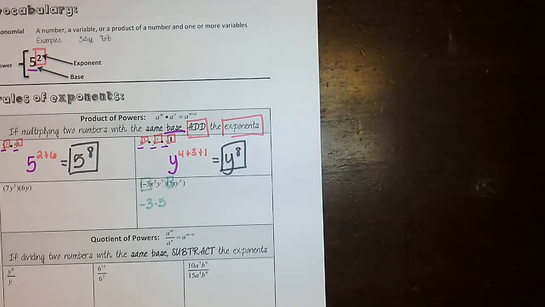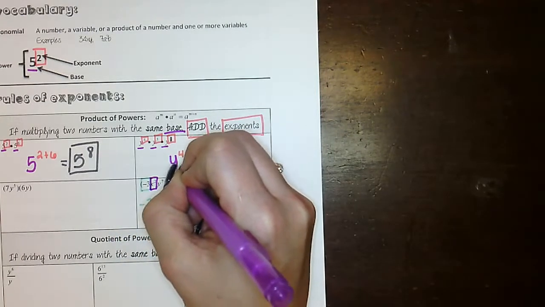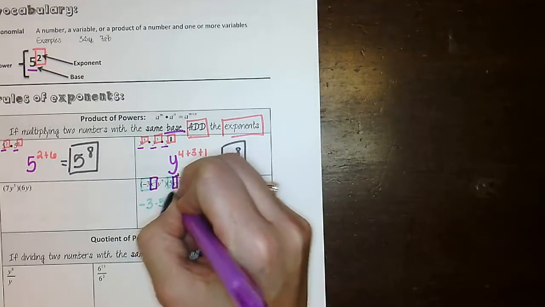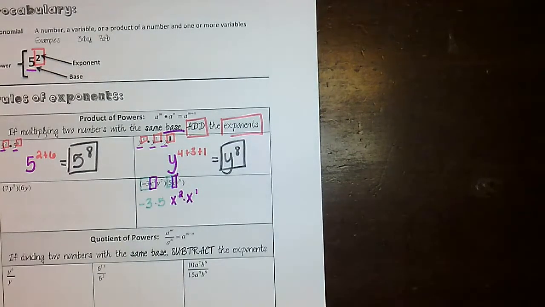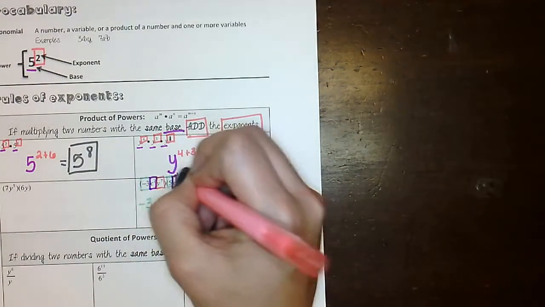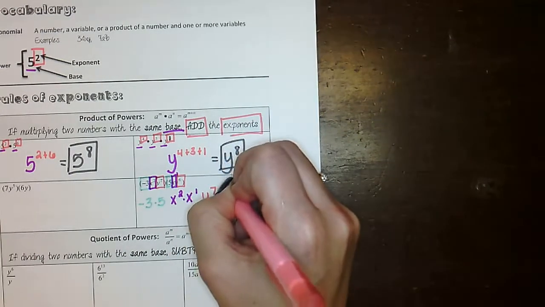Then we're also going to look at our x's. Remember, this is raised to the power of 1. So we have x squared times x1. And then we have our y's. Y to the 7th and y to the 6th.